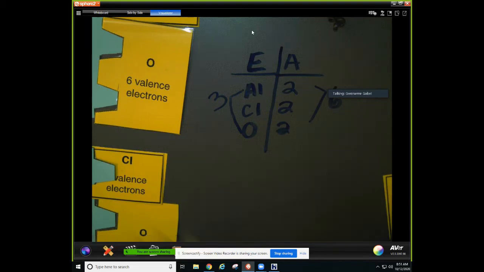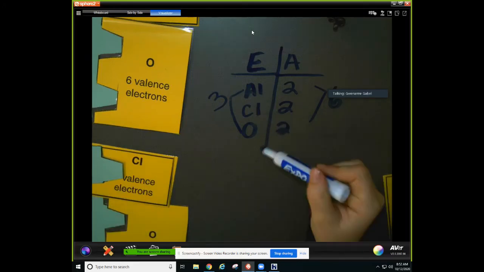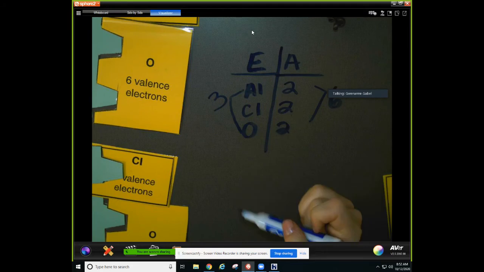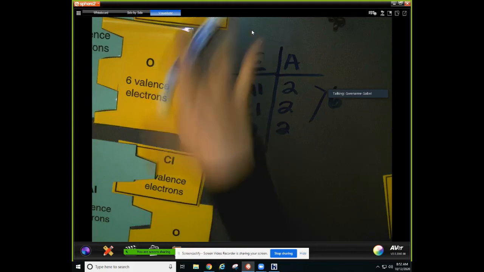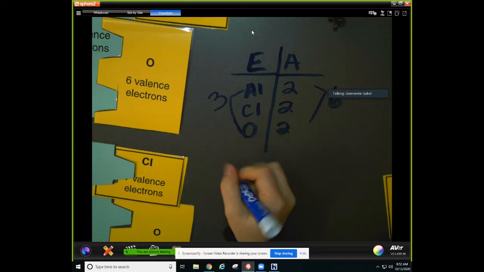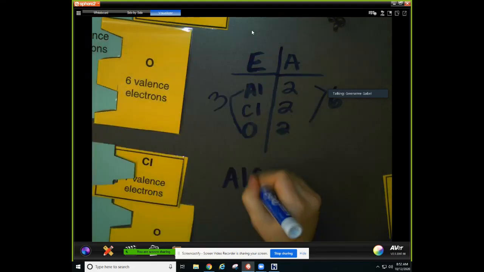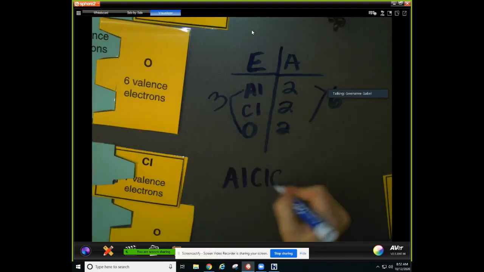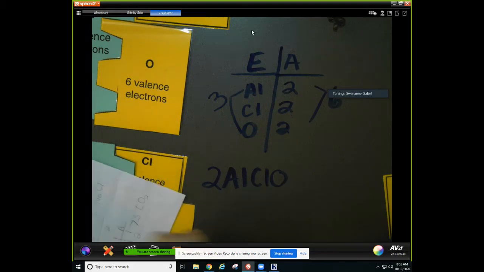So, we have 2 compounds that have aluminum, chlorine, and oxygen. And in those compounds, they're made up of 6 pieces. We have 2 pieces of aluminum, 2 pieces of chlorine, and 2 pieces of oxygen. Okay? So we're going to write this. We have Al, then Cl, and O, but I have 2 of these. Okay? And we're going to practice this a whole lot. So I need to record this on my paper.